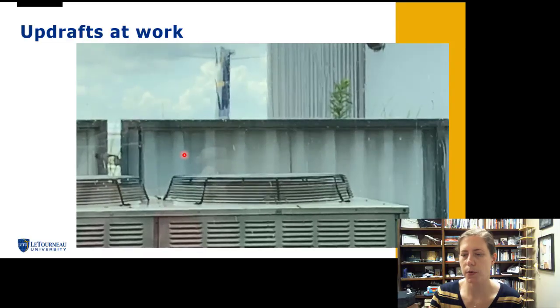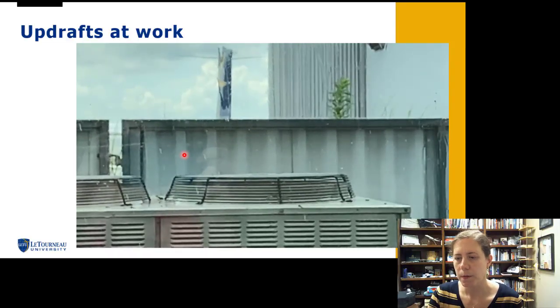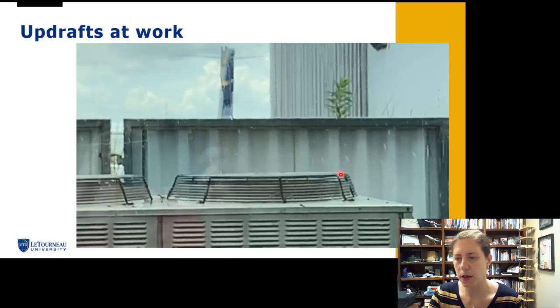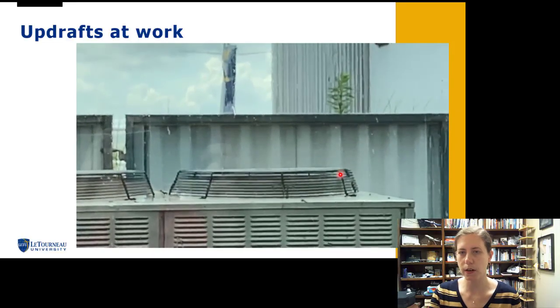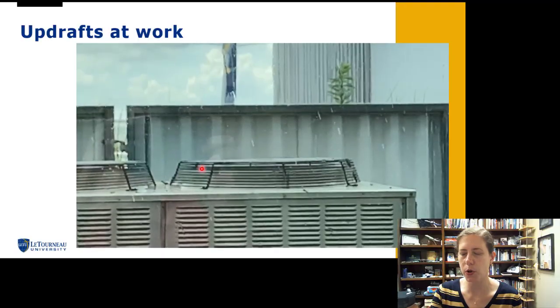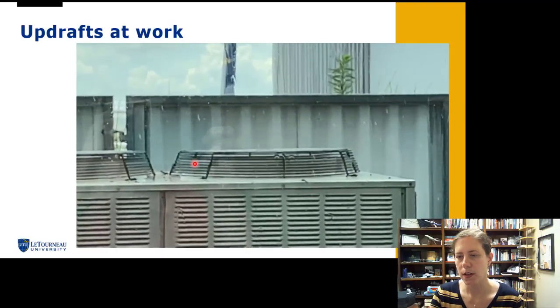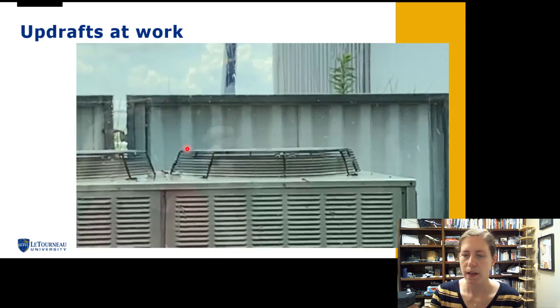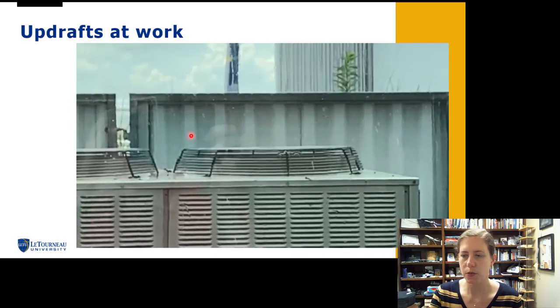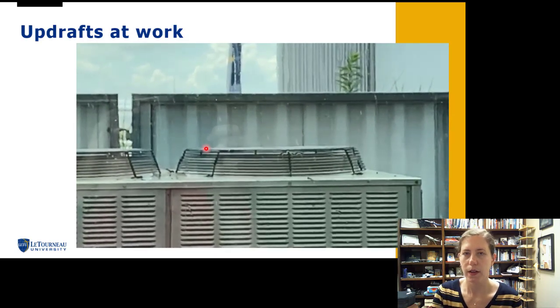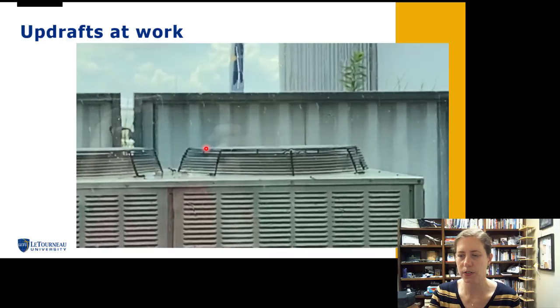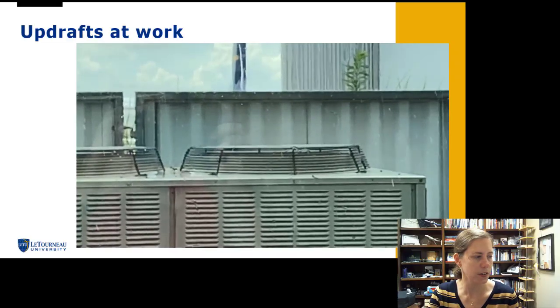Obviously, these are raindrops falling, so they're pretty large, but you can see from this video, an updraft from the air conditioner here is enough to blow these little raindrops. They're probably like 2 millimeters to 4 millimeters in size. It's enough to blow these little raindrops up higher. We can actually see the updrafts in action.